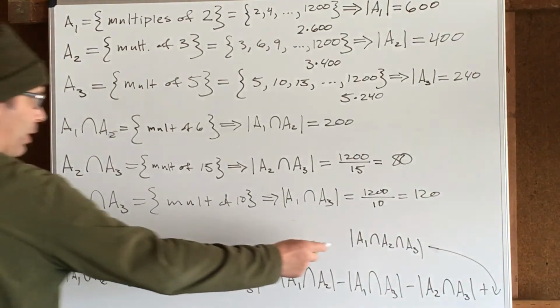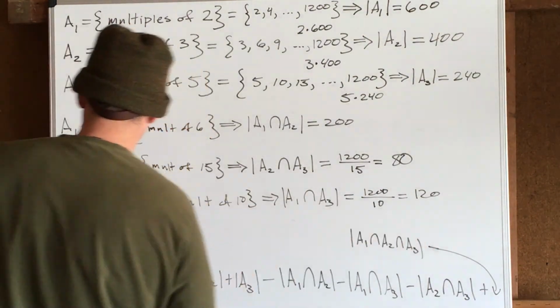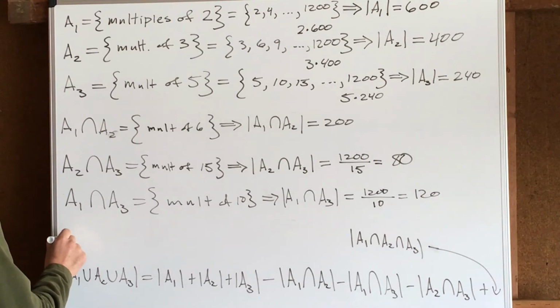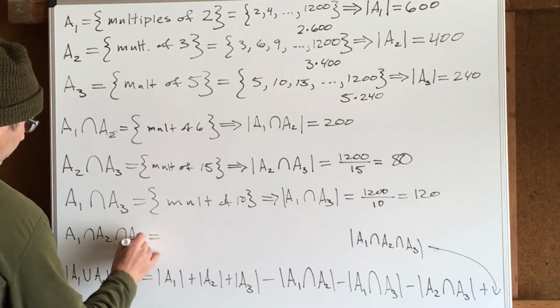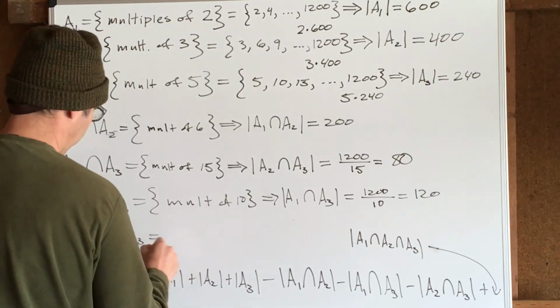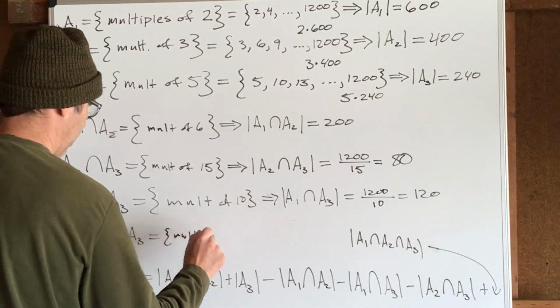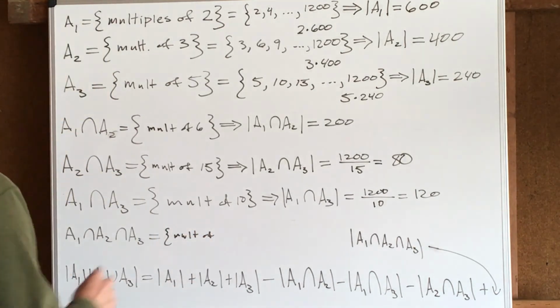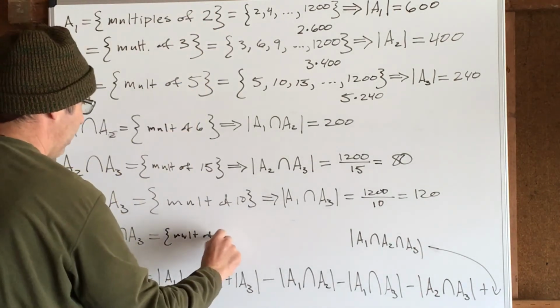And then last but not least, we've got to add back this thing: A1 intersect A2 intersect A3. This is multiples of 2, 3, and 5. 5 times 3 is 15, 15 times 2 is 30, so multiples of 30.